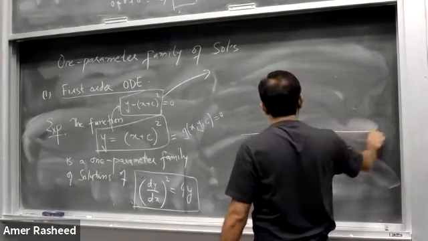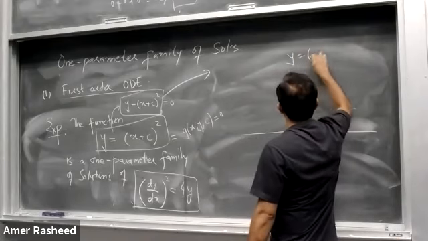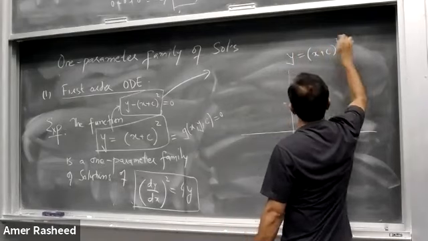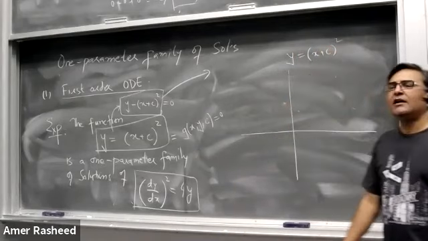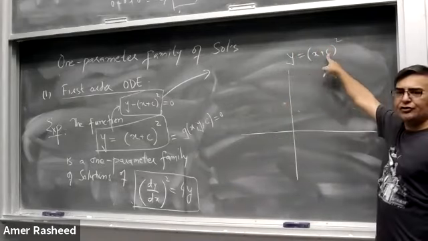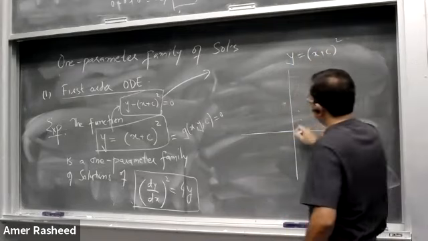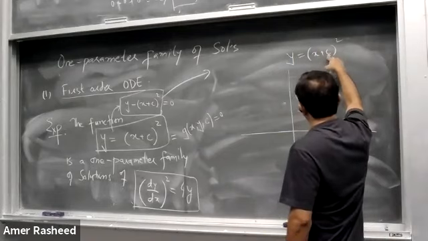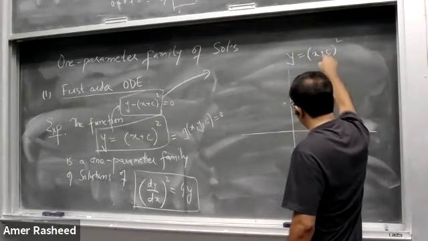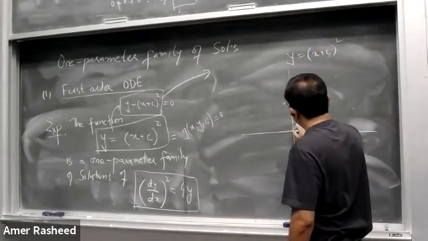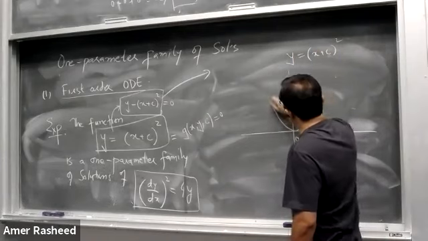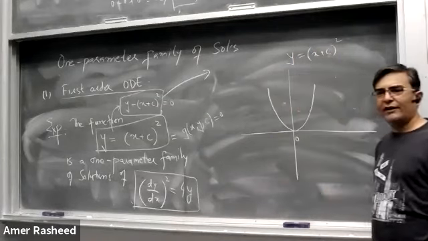What is your solution? y is equal to (x plus c) whole square. Now, if we put c is equal to 0, what is this function? This is y is equal to x square. So if we choose c is equal to 0, then the solution is of this kind, y is equal to x square.